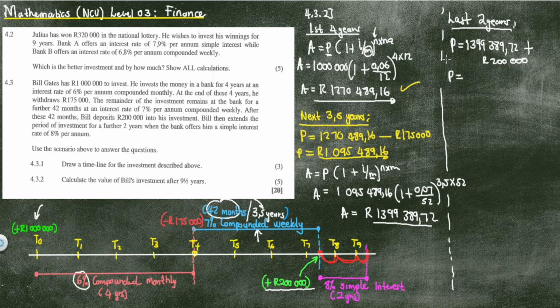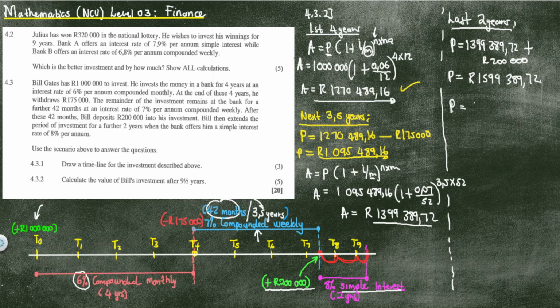So this is the new value: 1,599,389.72. Now since the final amount is on simple interest, we're going to be using the simple interest formula.